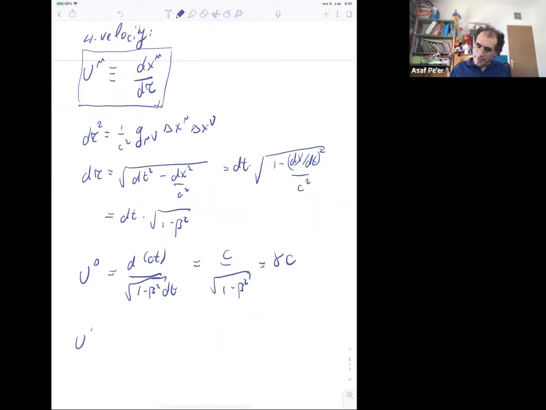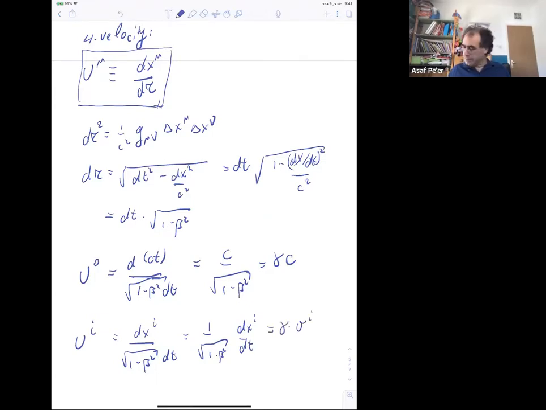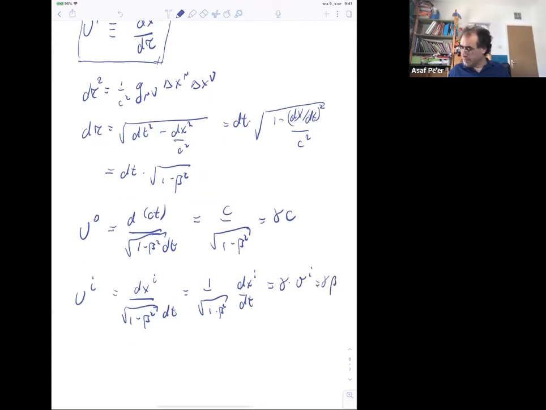And then u^i, the space components, is just dx^i over the square root of 1 minus beta squared dt. So I can write this as 1 over the square root of 1 minus beta squared times dx^i over dt. So just gamma times v^i, or gamma times beta^i c. Again, I'm putting the c to help you get the idea.